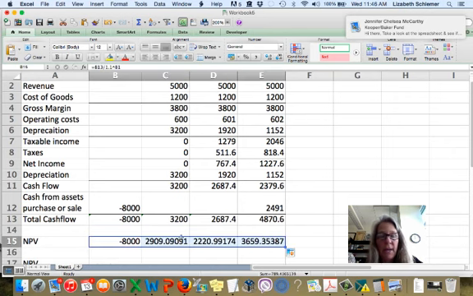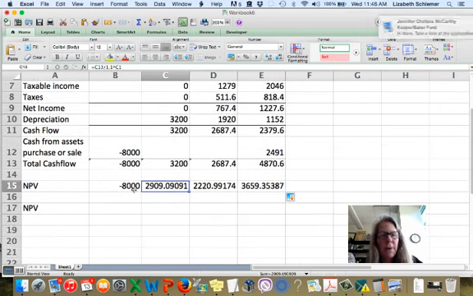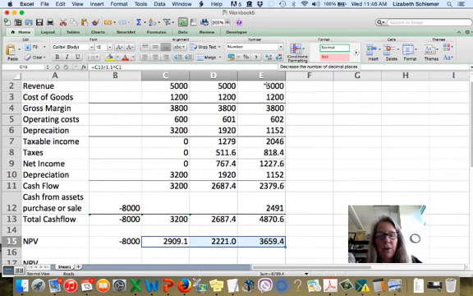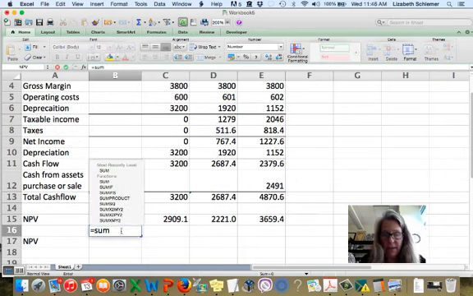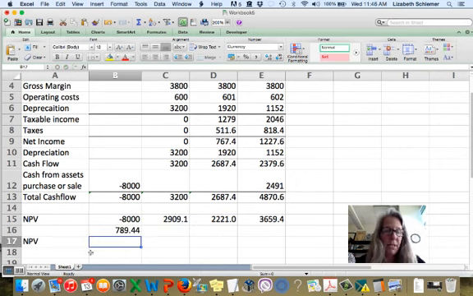And then I'm going to bring that over because in this year it'll reference the C2. It'll be 1 year, 2 years, 3 years. I don't really like that many decimal places, so I'm going to decrease them. So then if I sum this up, that will be my net present value.